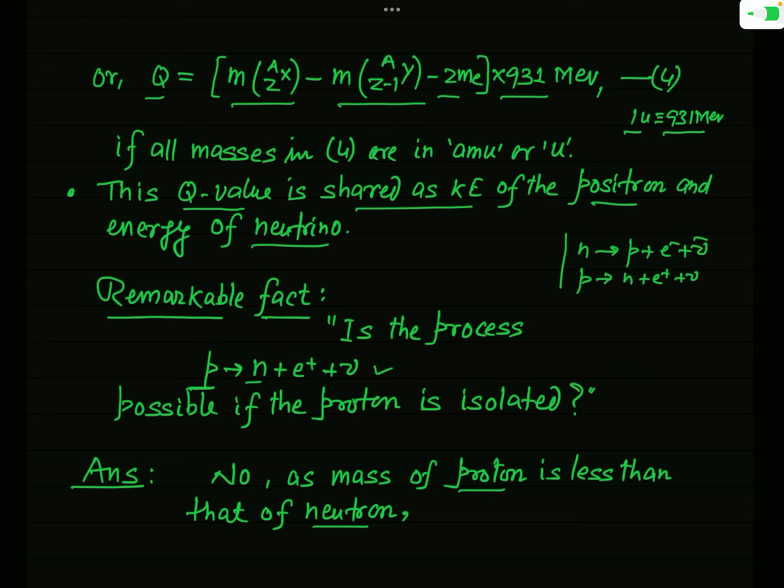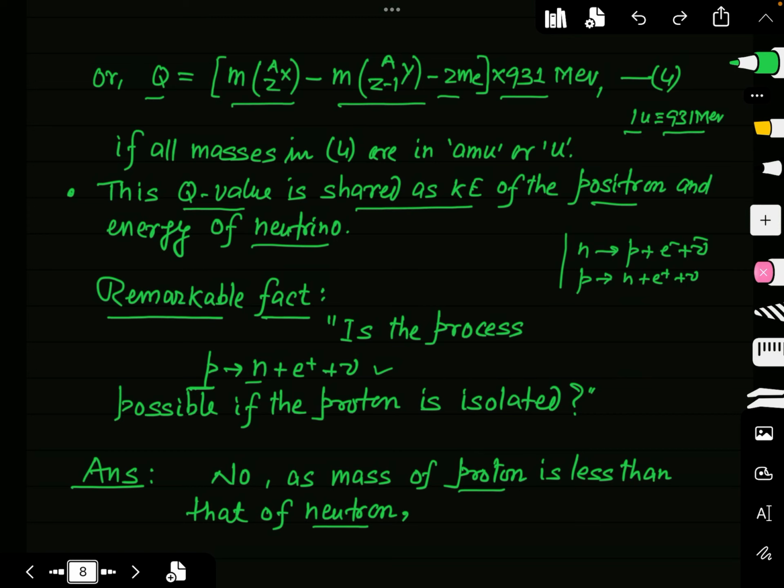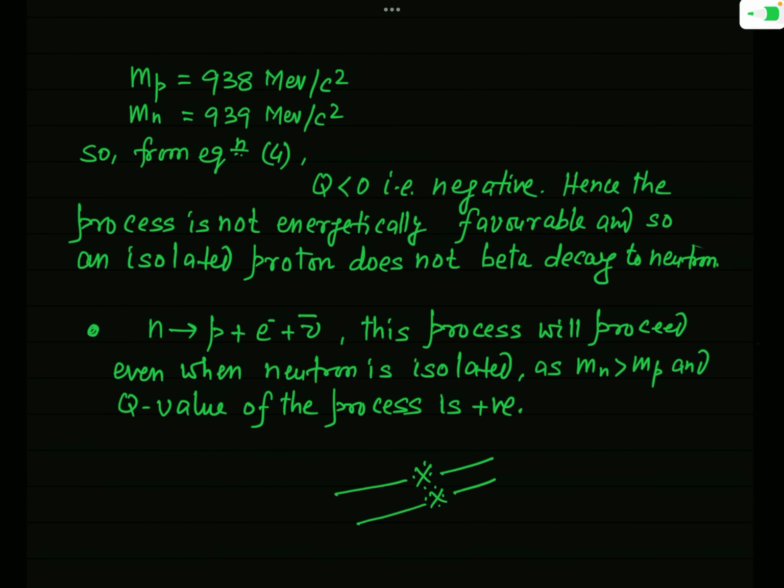Proton has slightly less mass than the neutron. I have mentioned here the masses of these two particles in energy units. The mass of proton is almost equal to 938 mega electron volt per c square, and the mass of neutron is 939 mega electron volt per c square. So you can see the mass of proton is slightly less than the mass of a neutron.